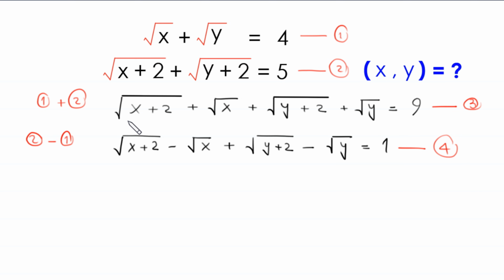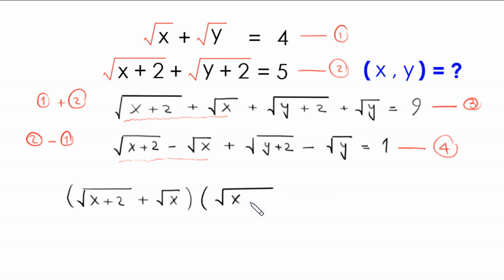Now we multiply the expression √(x+2) + √x by the expression √(x+2) - √x.